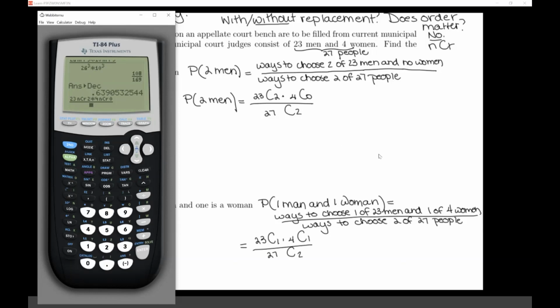Don't do separate operations. The more operations you do separately, the more chance there is for rounding errors. So try to put your numbers into the calculator all at once. For this one, I got 253 over 351, which is a number that's about 2/3 if you look at the first digits.